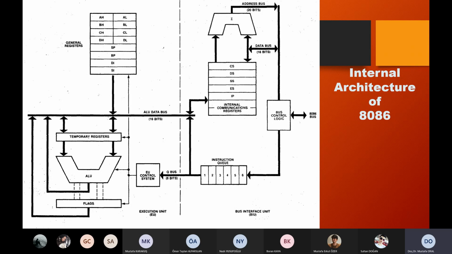So it looks as if it is complicated, but everything is well organized.